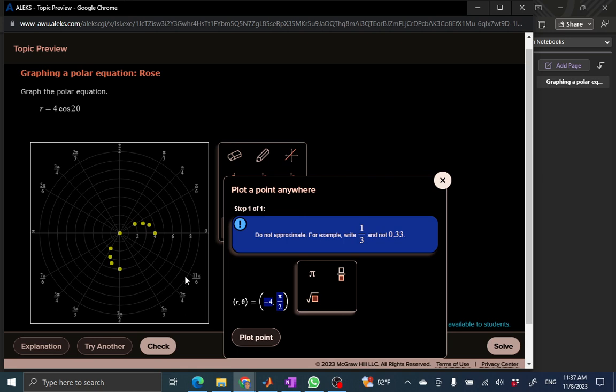We continue again entering numbers from our table. 7 pi over 12, and for that the last column of entry was minus 2 radical. So we see that this is nicely curving back. Next one, so we double check, making sure we are not making a mistake, 5 pi over 8.